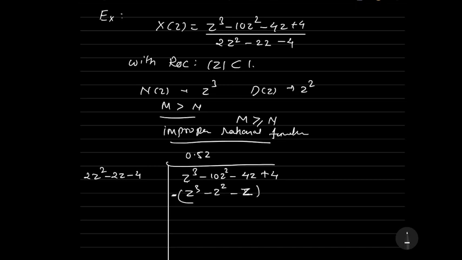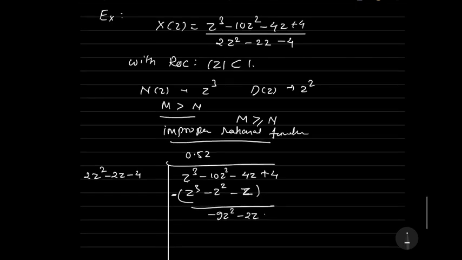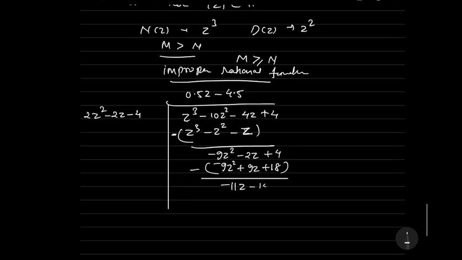Change the sign, we get the result −z² − 2z + 4. Now we have to cancel this −z², so we multiply the denominator by 4.5. So we get −z² + 9z + 18, and change the sign, we get the result −11z − 14.